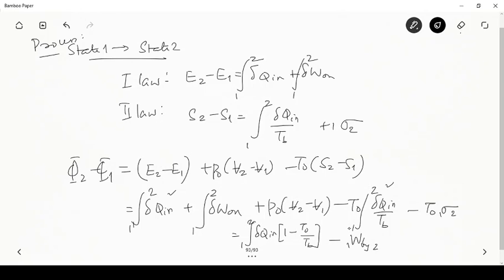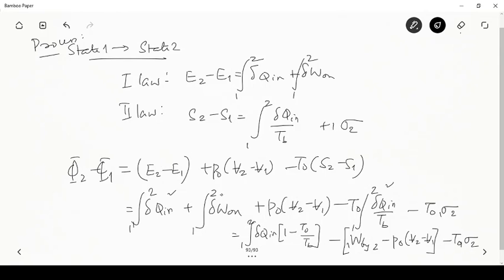And here I write minus, so minus of minus is plus, P naught into V2 minus V1, and now minus T naught into sigma 1 2.